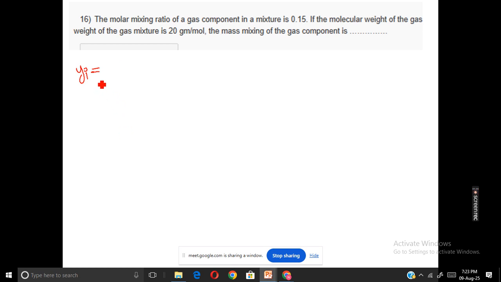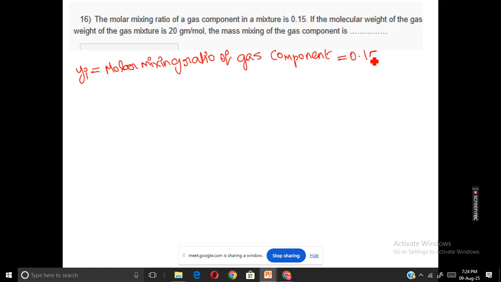So Yi, let it be the molar mixing ratio of the gas component, 0.15 moles of this particular gas is present in the mixture that we are considering.